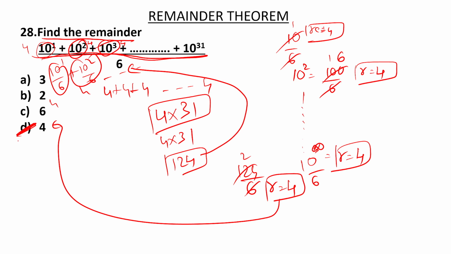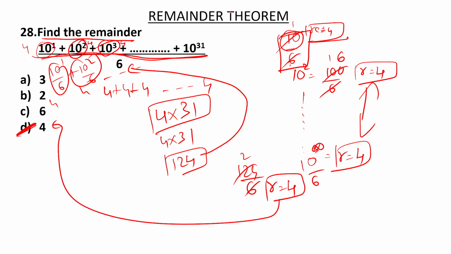I hope you understand it, right? It's easy, right? In case, let me explain this again because I think I explained it a bit faster. As you can see, if you divide 10 by 6, we always get remainder 4. As you keep on squaring the value 10 and dividing it by 6, we only get the remainder value as 4.